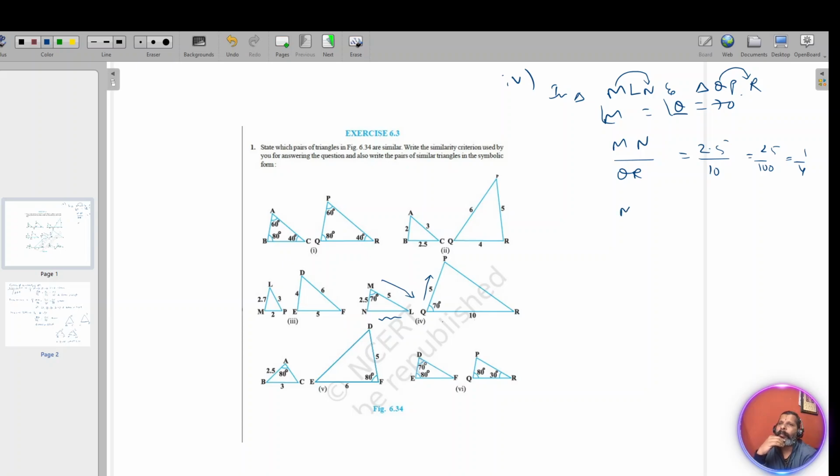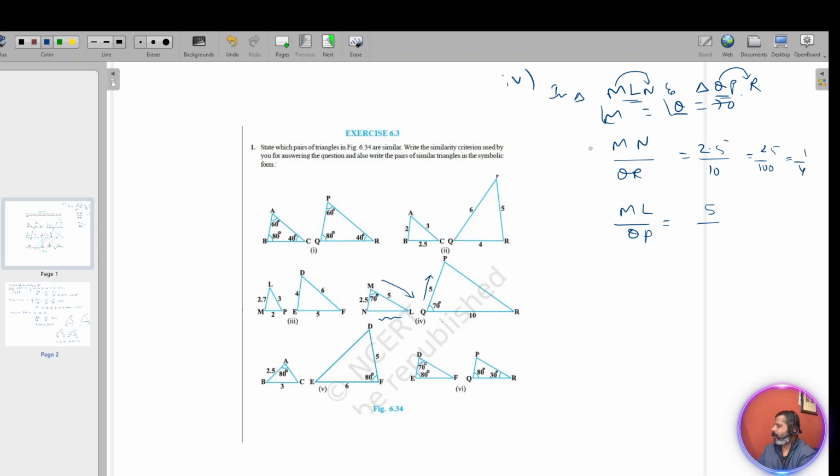Okay, now the other one, ML, we have 5. If you take ML, you should take QP. Please understand the corresponding properties, corresponding angle, corresponding side. That is the meaning. ML is how much? 5. No, no. ML is 5. QR I should take. ML is how much? MNL it is. MN by QP.